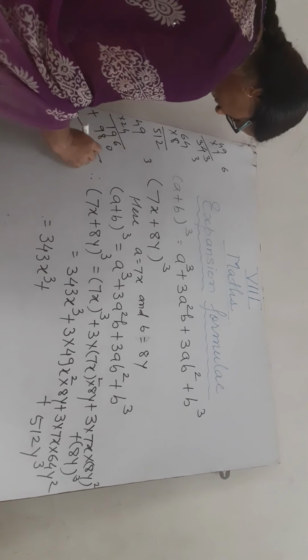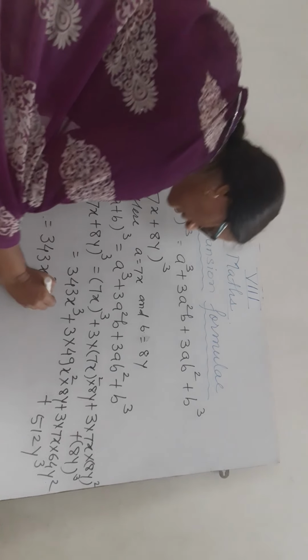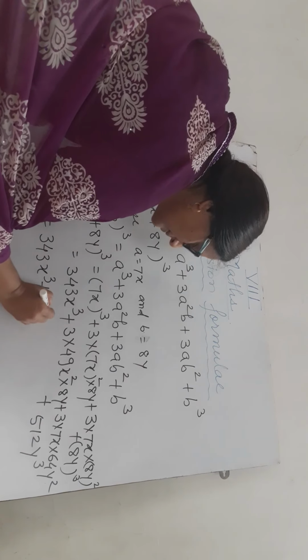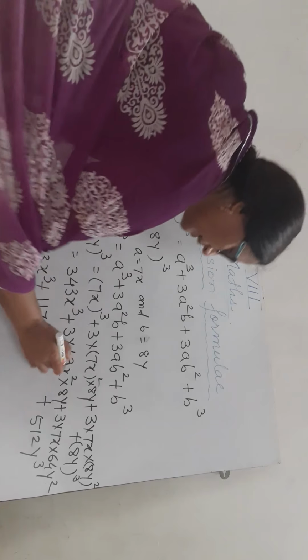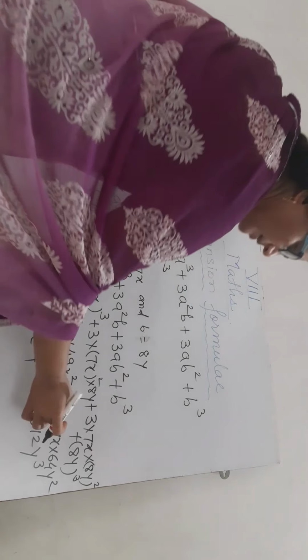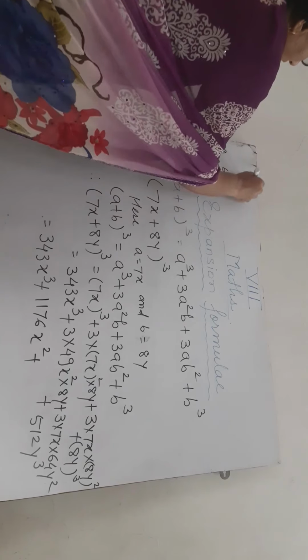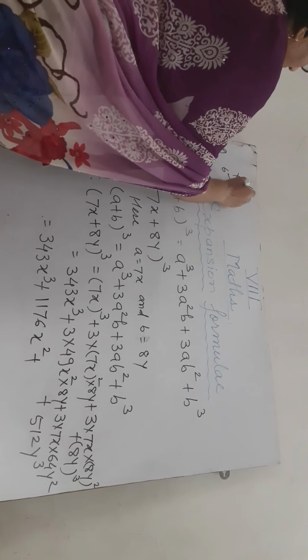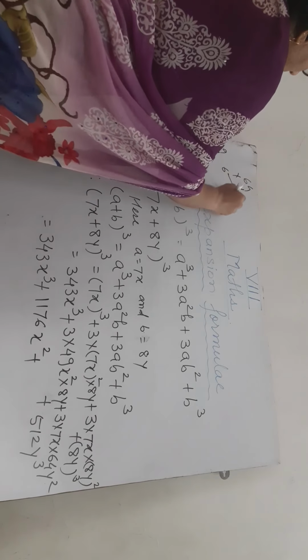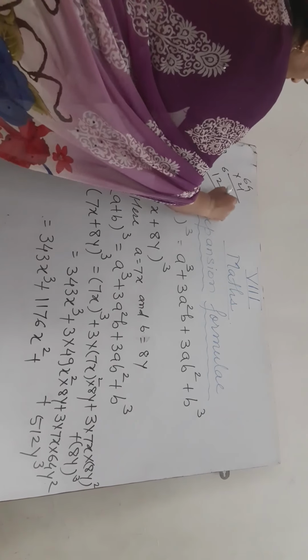That is 1176 x square, plus, now 7 3s are 21 multiplied by 64, 64 multiplied by 21, 1344.